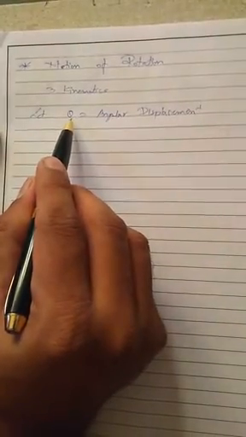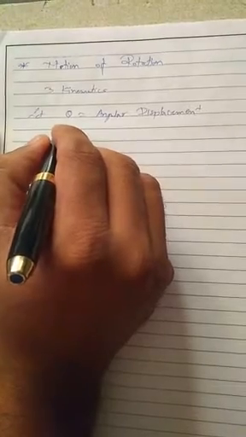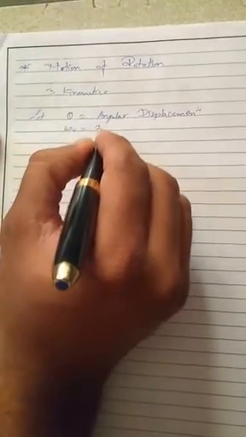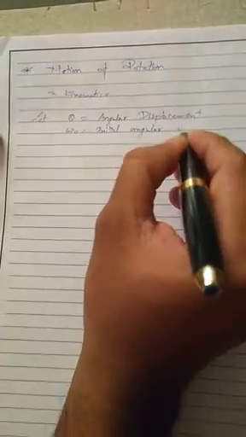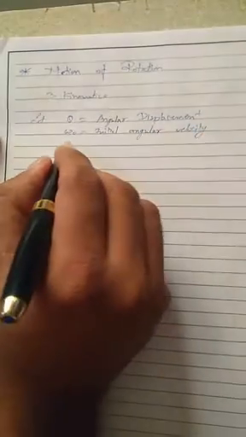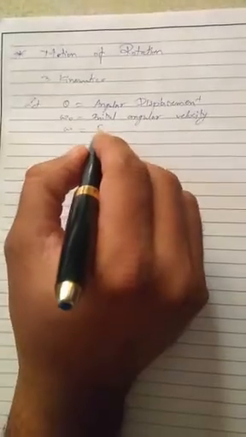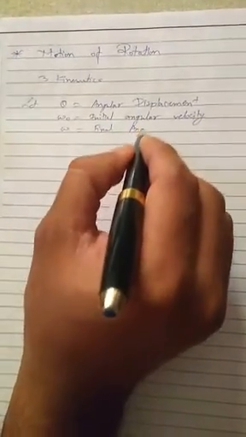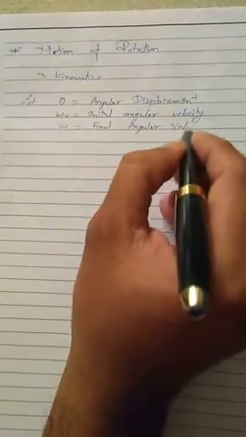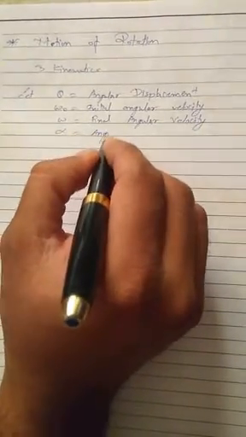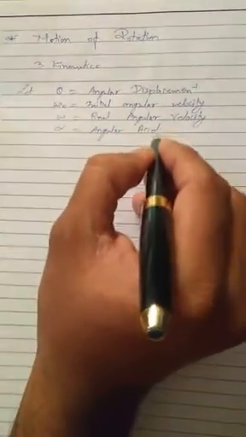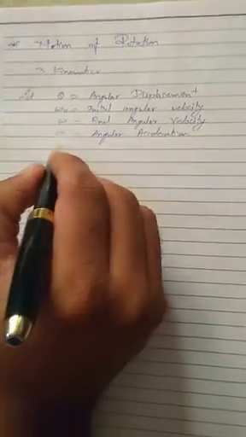So here theta we assume as angular displacement, then omega naught is the initial angular velocity, omega is the final angular velocity, then alpha is the angular acceleration, then t is the time in seconds.